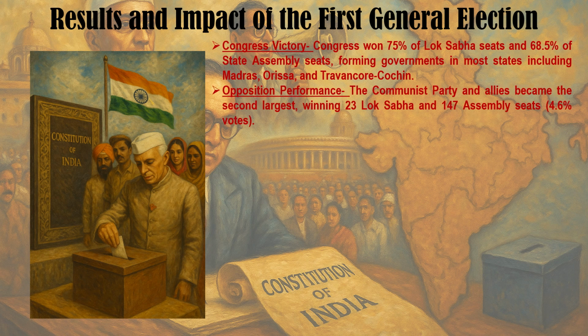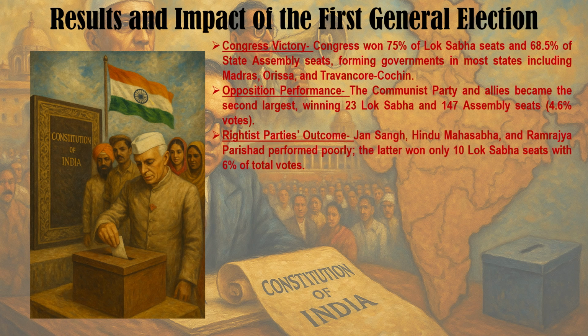The Communist Party and allies became the second largest, winning 23 Lok Sabha and 147 assembly seats. So the Communist Party and the other parties aligned with it won 23 Lok Sabha seats and 147 assembly seats by getting 4.6% of the votes.